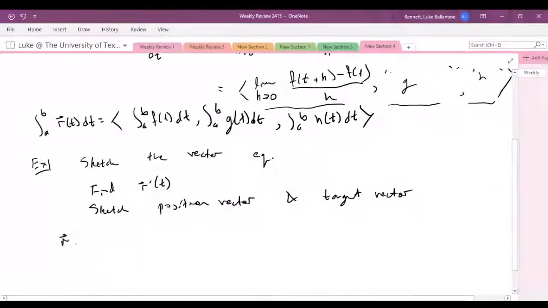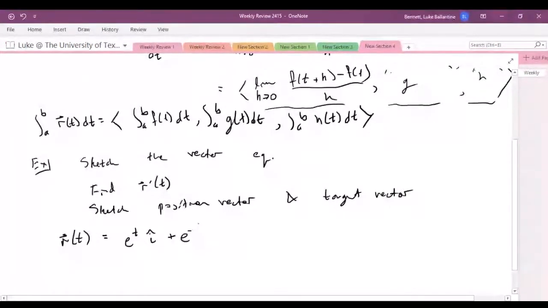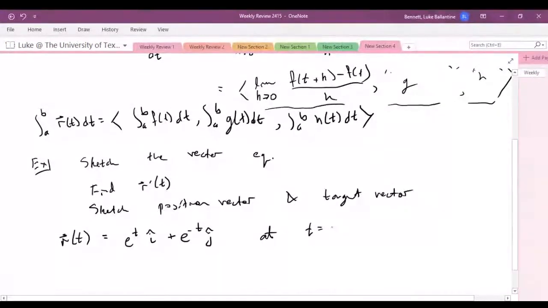Our vector valued function r of t is equal to e to the t i plus e to the negative t j, at time t equals 0.